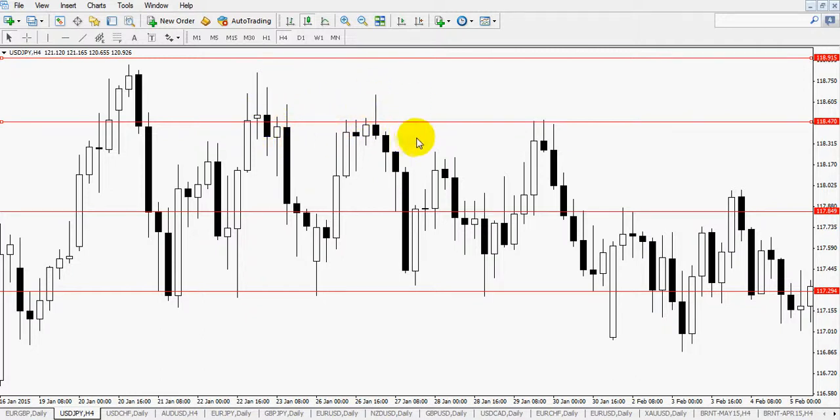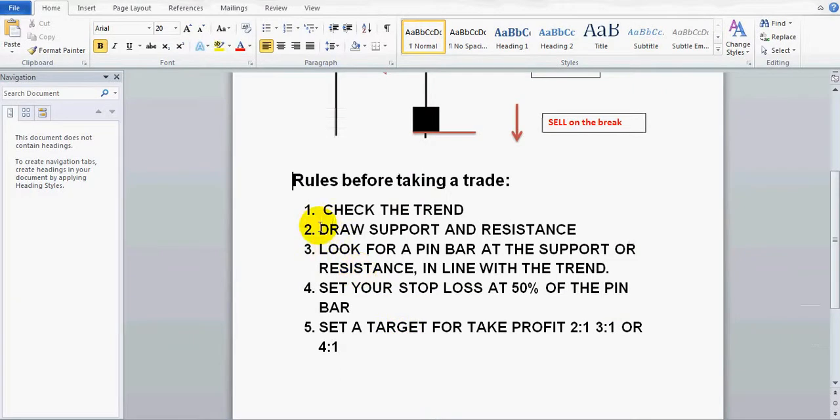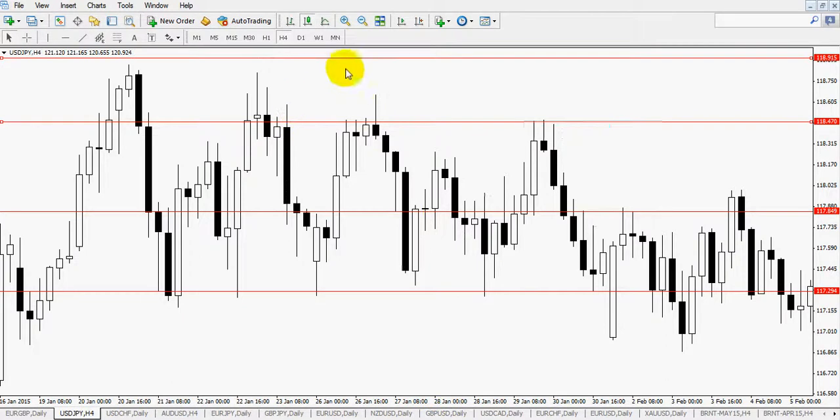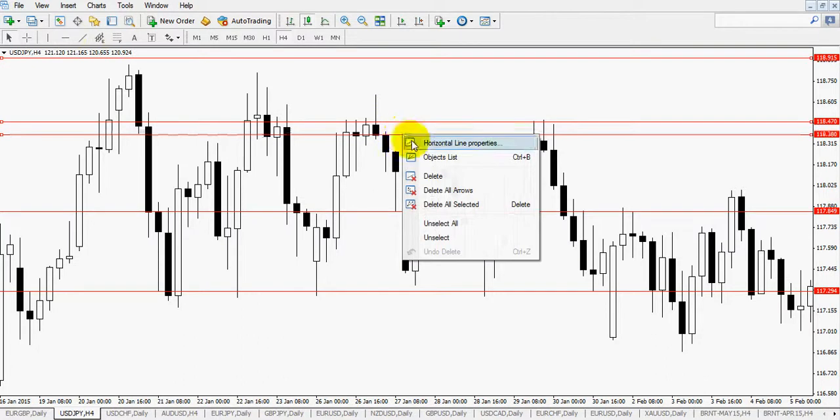Look at the area, and look for the pin bar at the support or resistance area, in line with the trend. So now you see, according to this range, it is supposed to be going down right now, so you want to be selling here at the close of this.